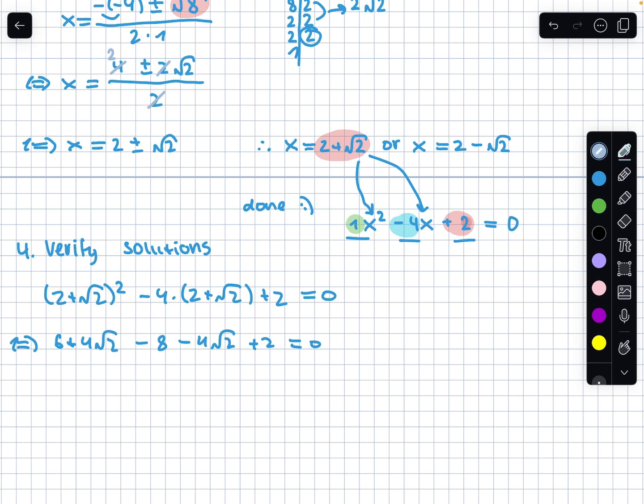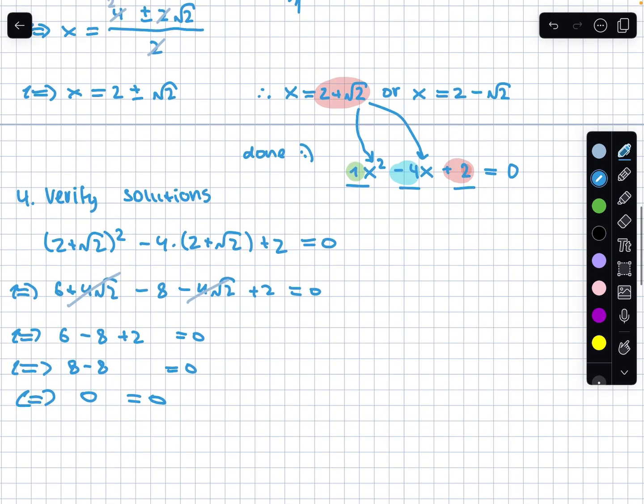And you can see that these here cancel out. So what's left is 6 minus 8 plus 2. And we can see that all this would actually cancel out into 0 because we have 8 minus 8. And that's basically 0. So you know that the solution was correct.